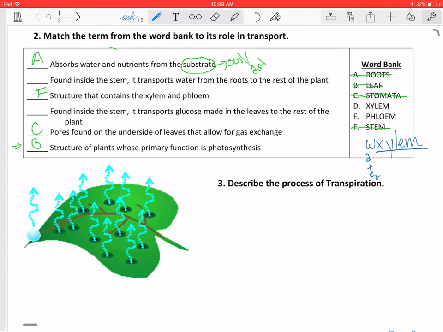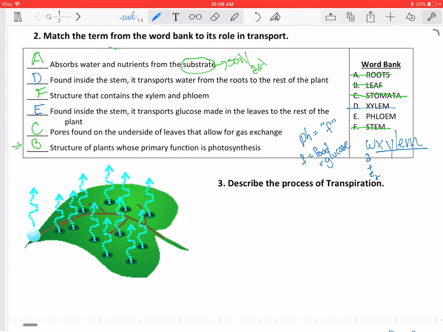So again, it's found inside the stem, transports water from the roots to the rest of the plant. So this would be D, our xylem, and then leaving the phloem for E, which its function is to transport glucose. And an easy way to help you remember the function of the phloem is that PH makes an F sound, right? So phloem, and that F is for food, which is glucose.